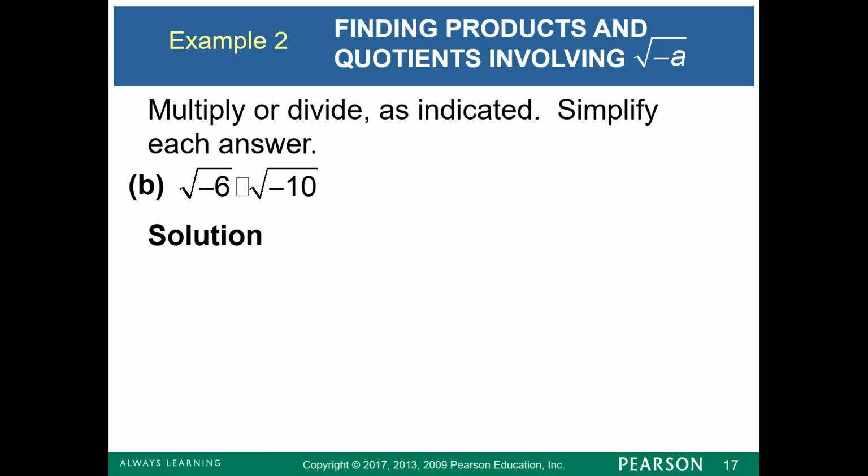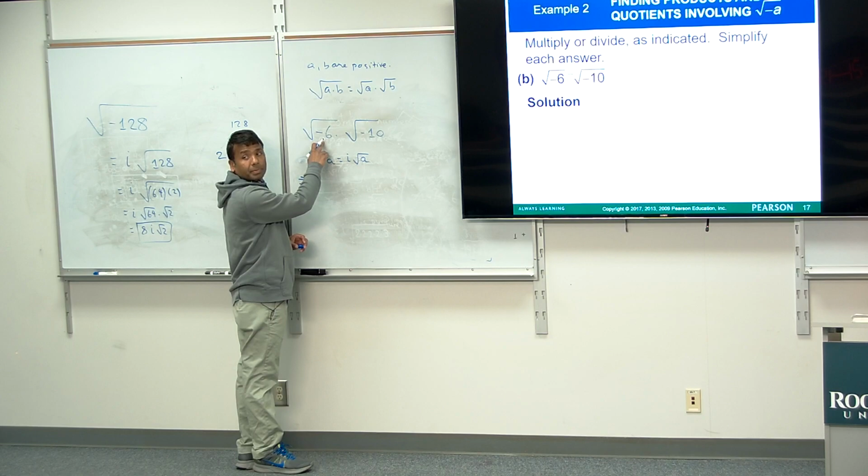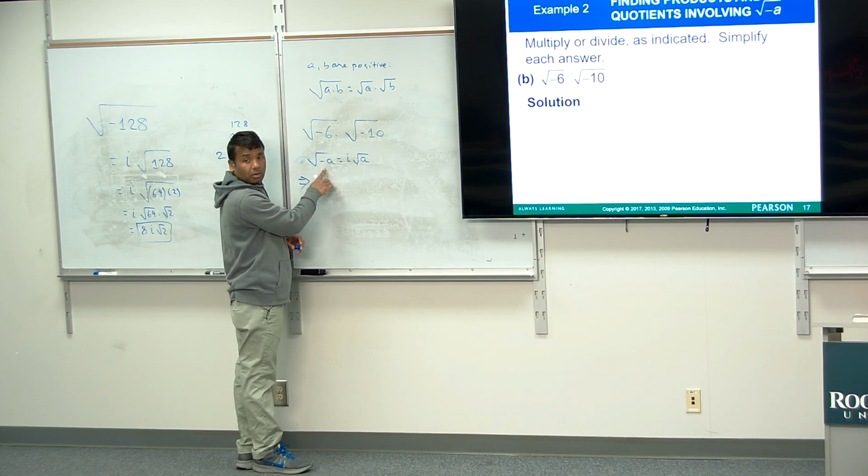If you know that radical negative A is i times radical A, you know that, right? Use this definition.